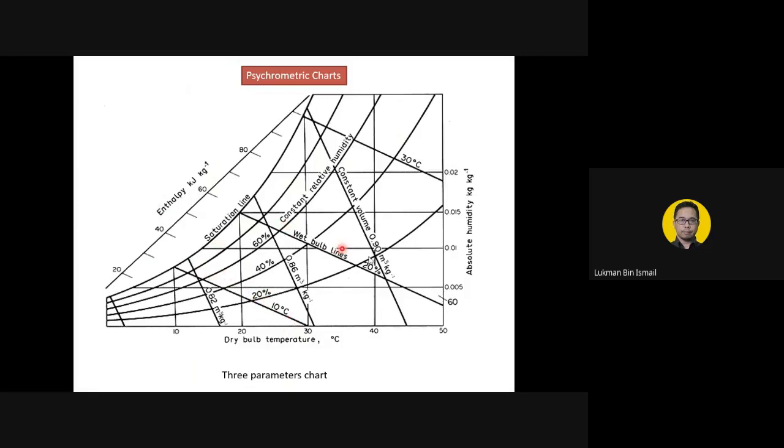So these are the temperature lines, and these are the relative humidity lines. What you need to understand is that the psychrometric chart contains 3 parameters: enthalpy, dry bulb temperature, and also absolute humidity.